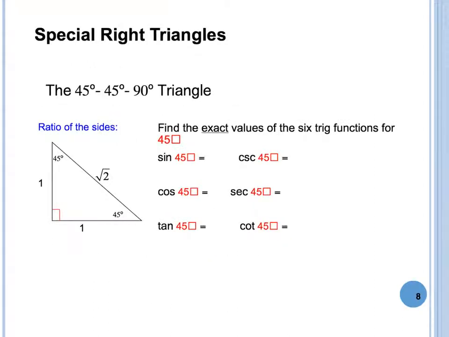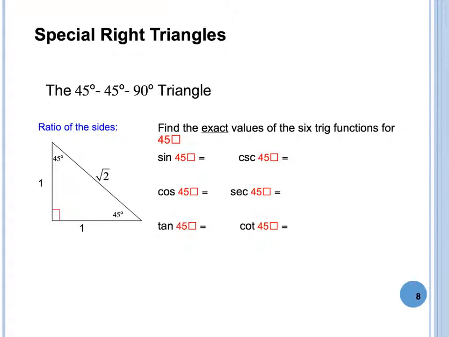We talked about the 45, 45, 90 and the 30, 60, 90 triangle in class the other day. But when we did that, the circle that we were working with was a unit circle. So the radius, or the hypotenuse, was 1 in each case. My diagram here is slightly different.